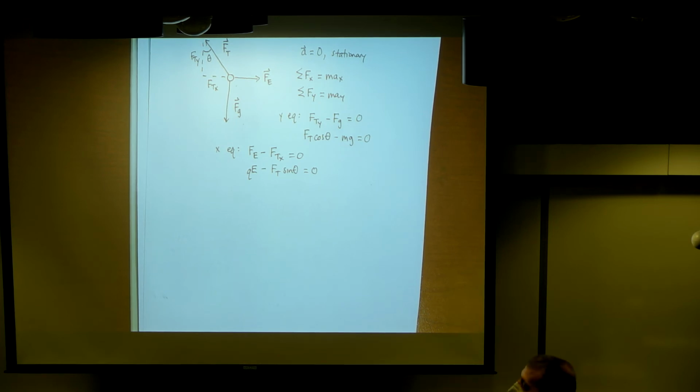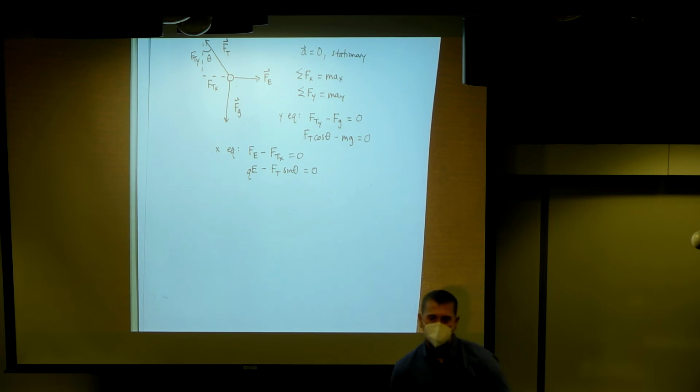So yeah, I could combine the two equations essentially. Say Ft cos theta minus mg is equal to QE minus Ft sin theta. That would be a good start. But I would still be faced with this problem of having a sine theta and a cosine theta when I just want to combine those into one thing. How can I combine sine and cosine?